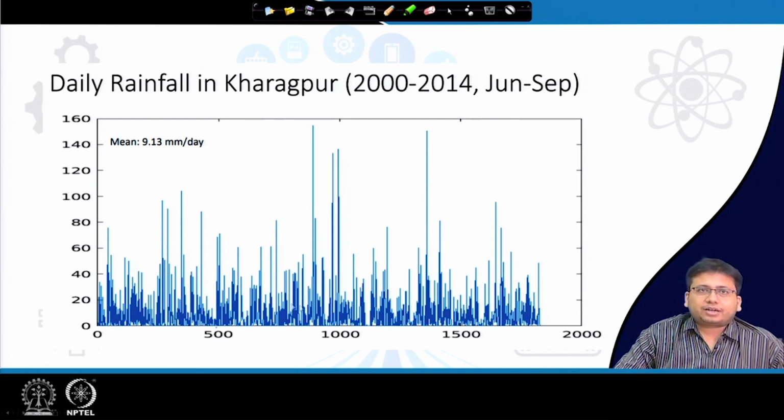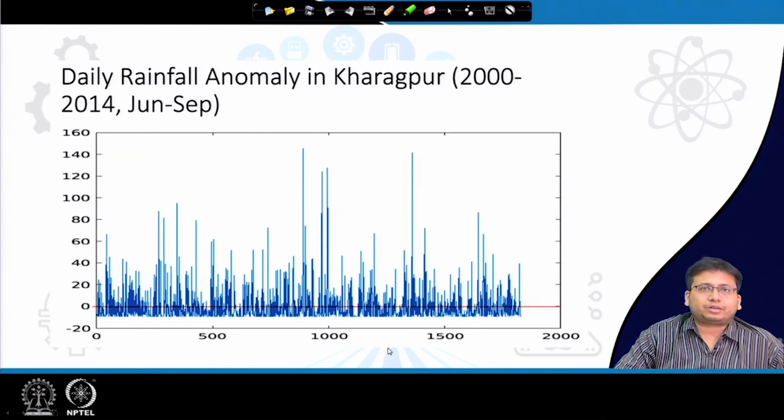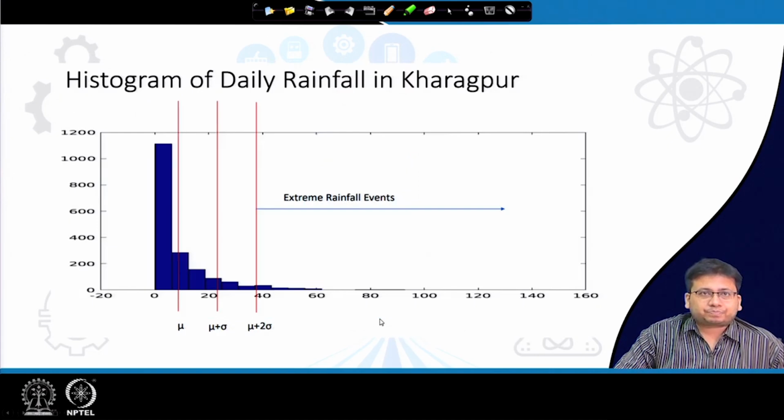On some days the rainfall is above that mean, which means a positive anomaly, and on some other days it is below that mean, which is the negative anomaly. If we put the threshold at 9.13, these are the days which have the positive anomalies, and these are the days which have the negative anomalies.